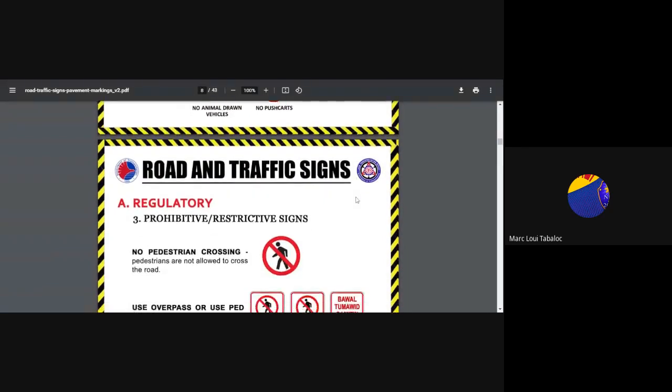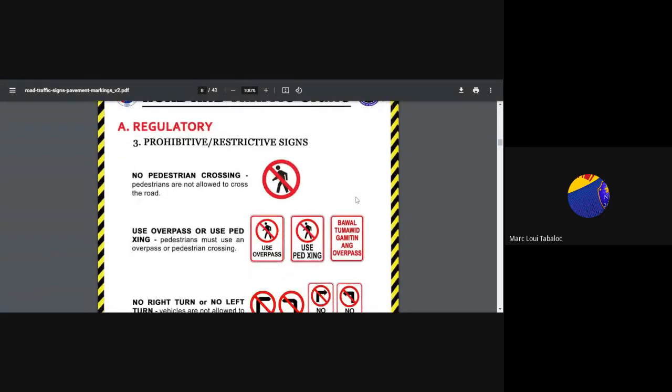Also part of the regulatory traffic signs, yung mga prohibitive restrictive signs, which are commonly directed to pedestrian road users. Ayan. Commonly sa mga countries, specifically outside sa United States, signages lang talaga. Walang words masyado. Ayan. To indicate, ayan, bawal tumawid.